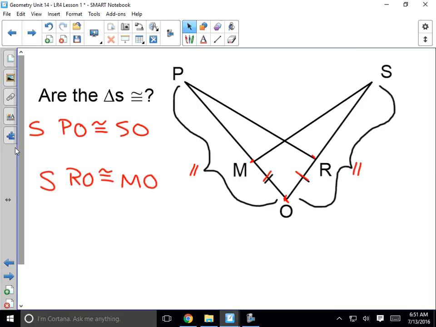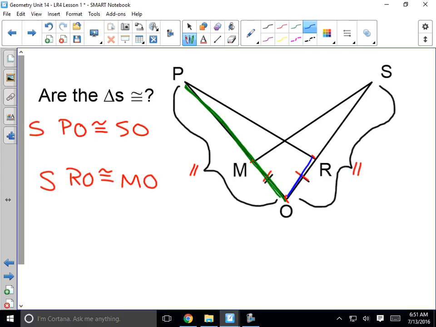This is where I'm going to want to color code these pieces. I know that this one is congruent to its pair, and this side is congruent to its pair. The last thing we have to prove is, why is that angle a congruent angle?